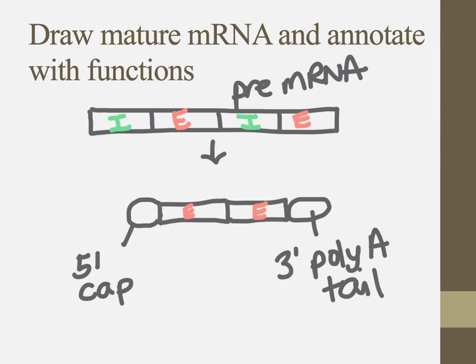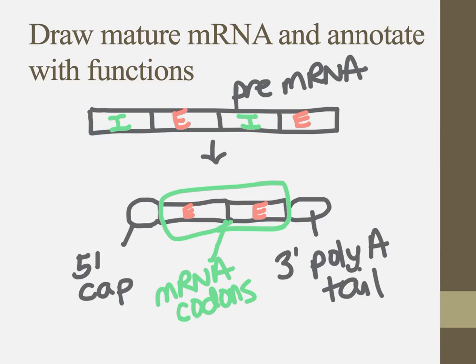Okay, so in terms of annotating with functions, here are my mRNA codons. Those are contained within the exons. So I guess that's this whole thing. I don't know where I have room for this. I'm out of room here. Gosh darn it.